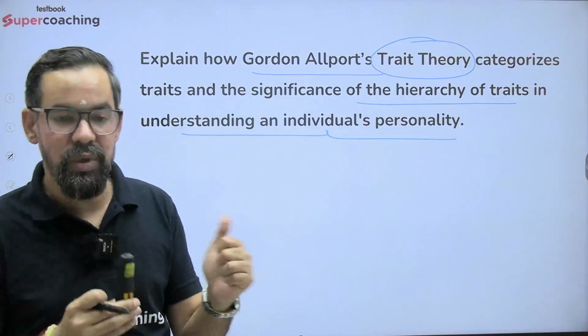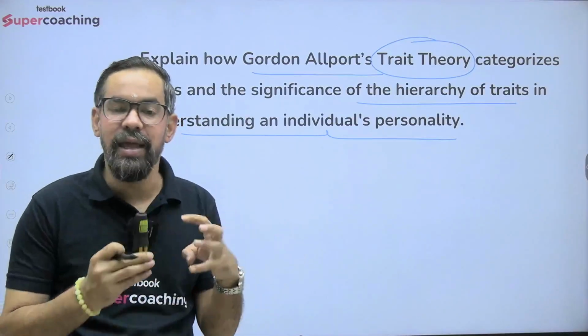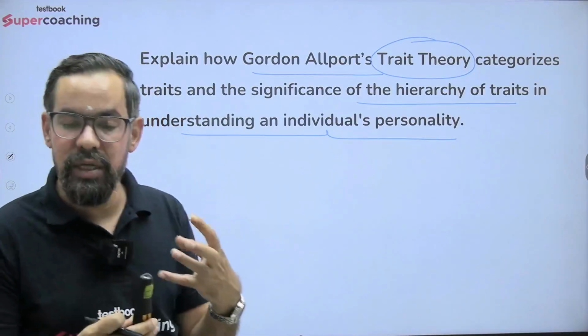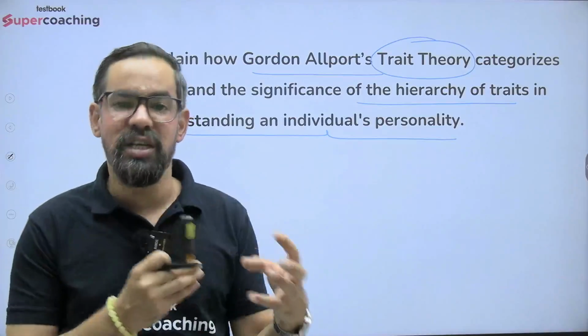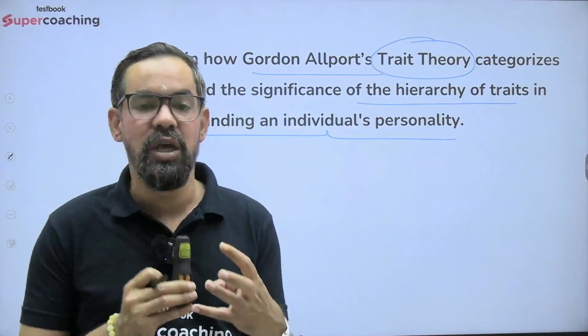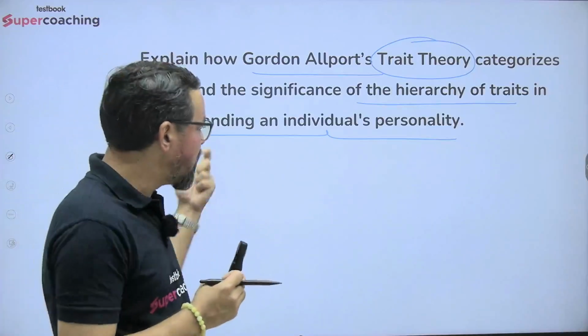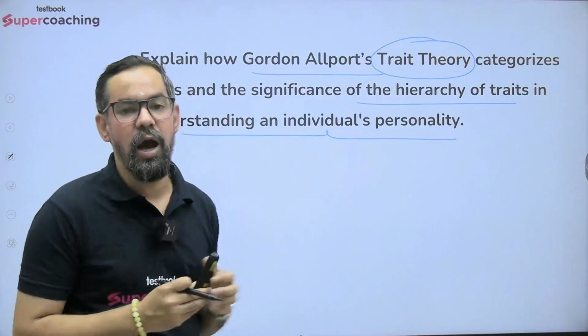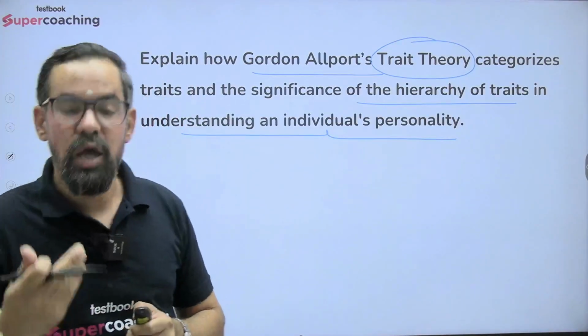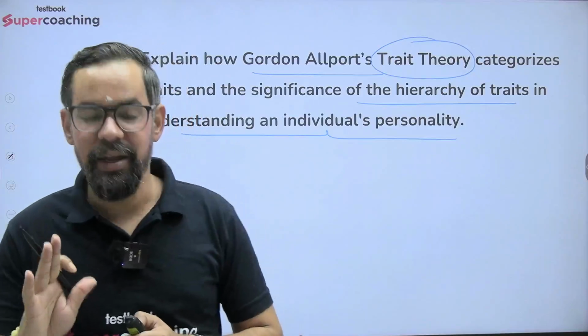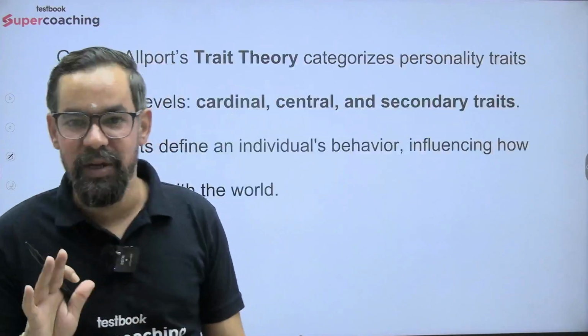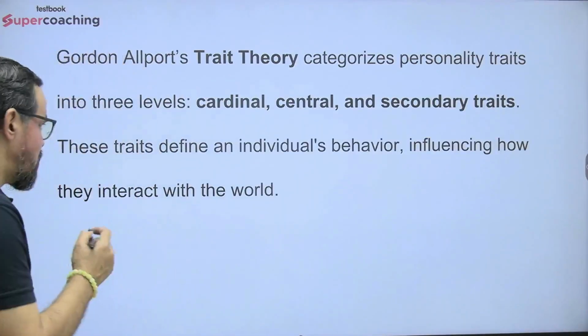Cardinal and central traits are mostly stable in nature, but the secondary trait varies with the situation, okay? Then we will cover how a manager can use these to understand a person's personality. We will start with the introduction itself, okay?